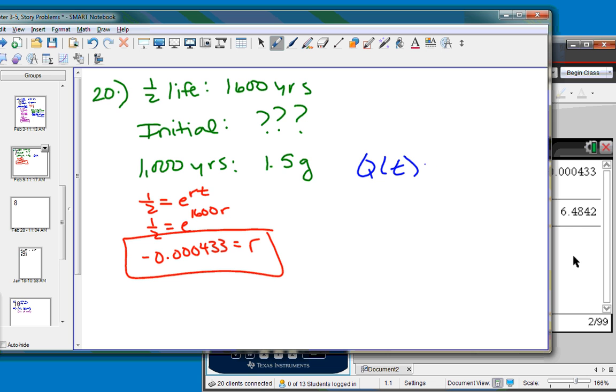Q of t is equal to C e to the rt. And my Q of t is my quantity after how many years? Q of t is going to be the 1.5. C we don't know. My rate is this junk number, and t is going to be 1,000. Do we all see that, yes or no?